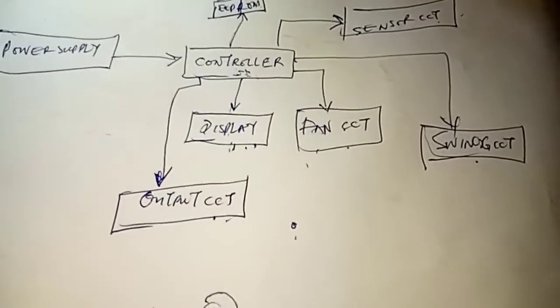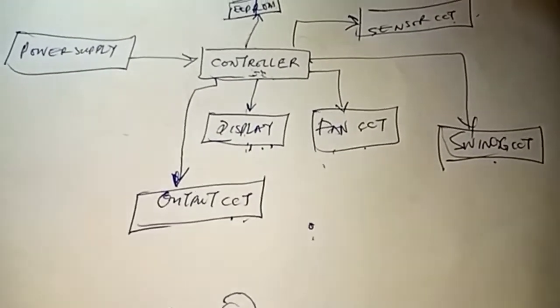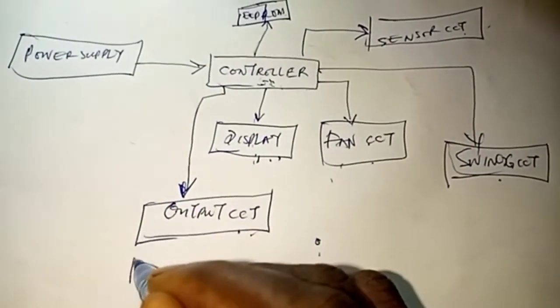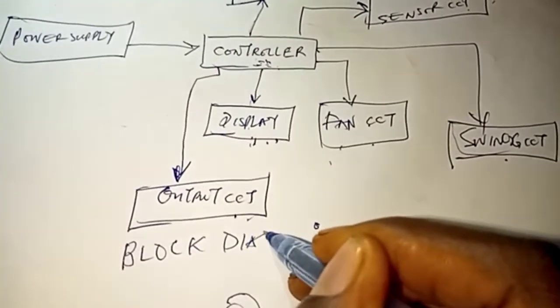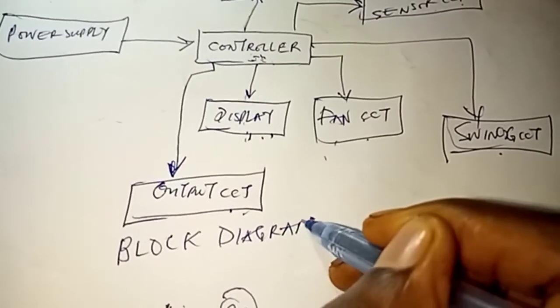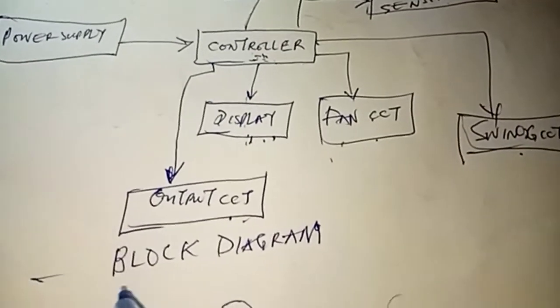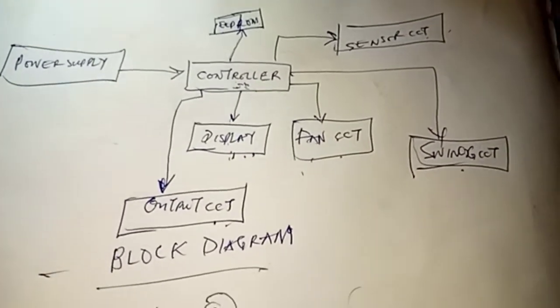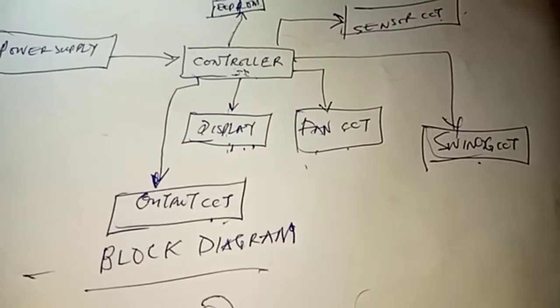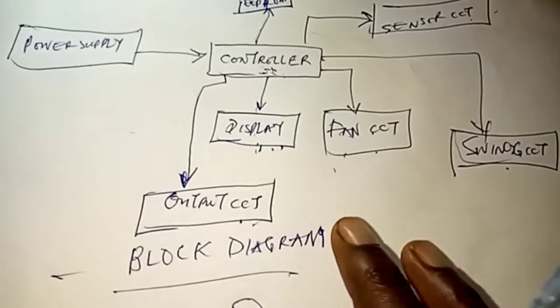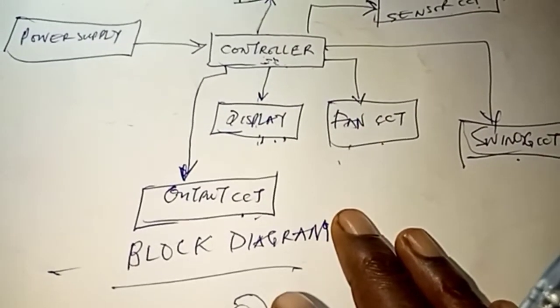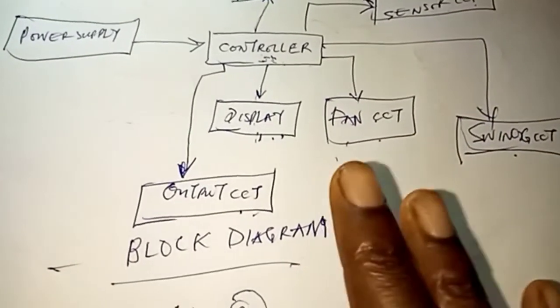So once again, these are the processes. This is just a block diagram. Then from there, let's say I'm done with this block diagram, this is the beginning of your work.